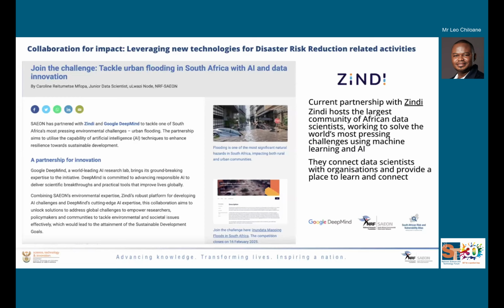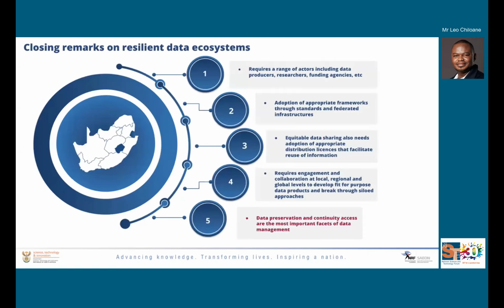Through this partnership, SAEON, through its data management capabilities, mobilizes data to inform hackathons or certain challenges, whereas they provision the human capacity, because you're talking about thousands of data scientists looking at the same issue at the same time to try and produce an output. And then it comes back to us for hosting and dissemination once we have results.